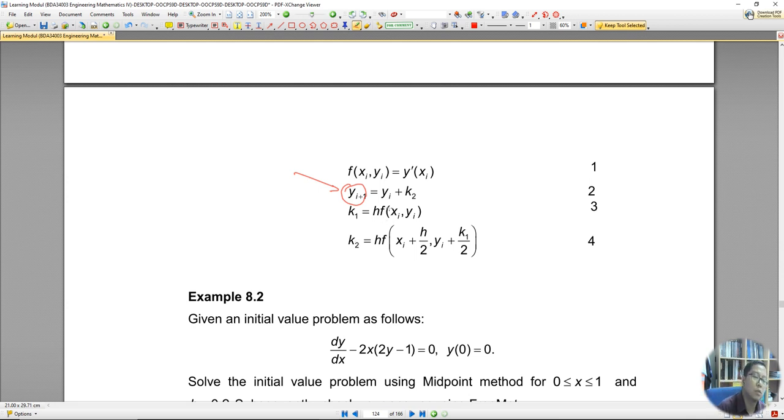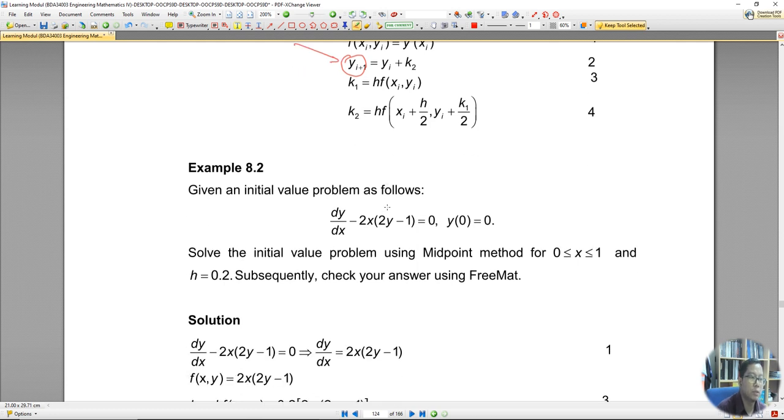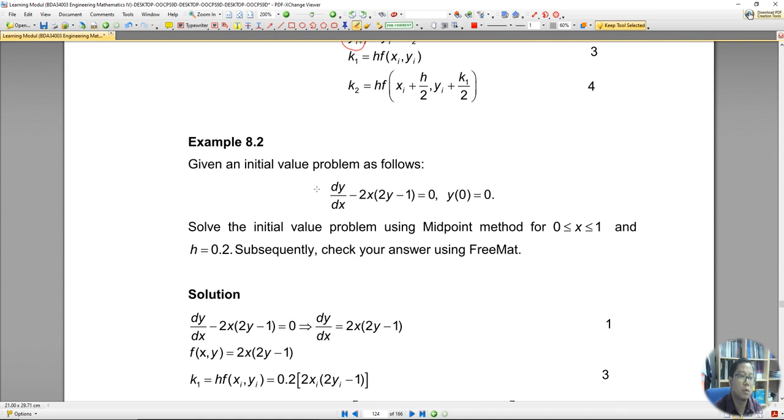So we go straight to example 8.2, given as an initial value problem as follows. This is the equation given in the question.